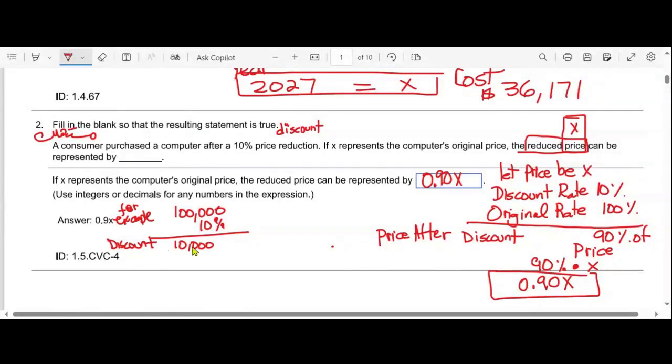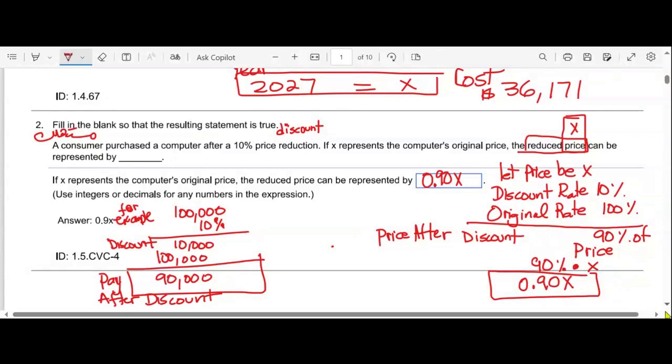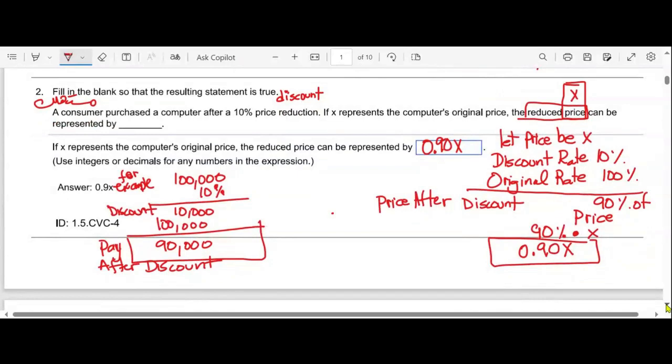So the discount is 10,000, and the original price for the car is 100,000, so you're going to pay 90,000 after discount. Is this clear, everybody? Yes.